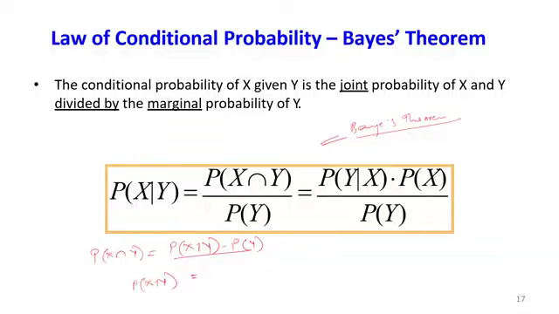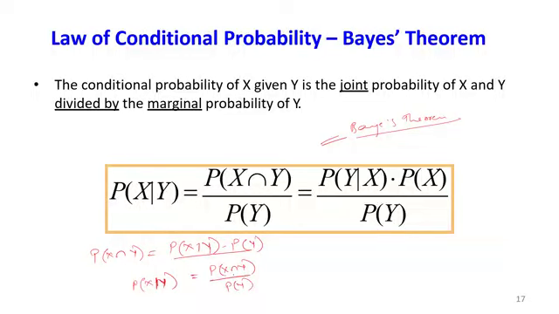If you want to calculate the probability of x given y, we say that the probability of x given y is equal to the joint probability of these two events divided by the marginal probability of y. I just brought this particular probability down here.